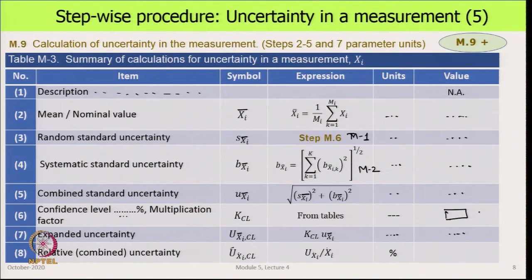So, we are multiplying this and this to get this, and then finally, we get the relative uncertainty, which is u x i bar divided by x i bar, which is this value divided by the mean value which was here.